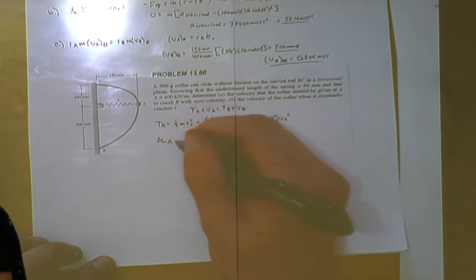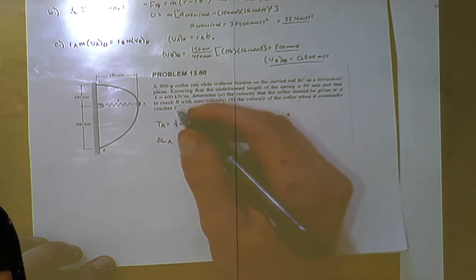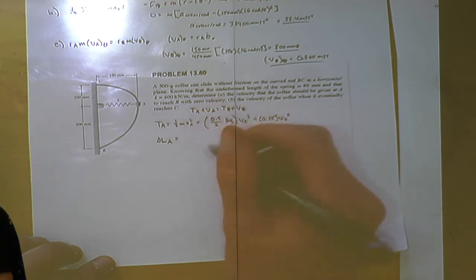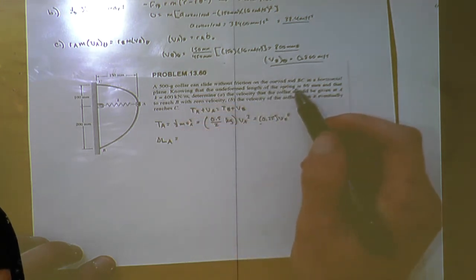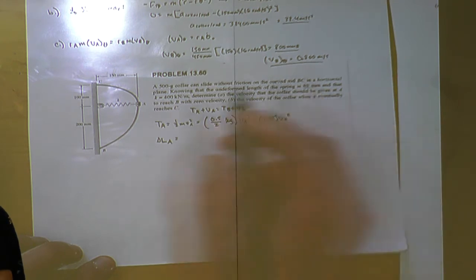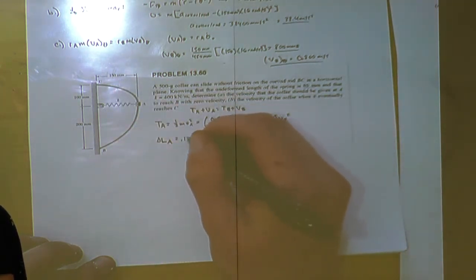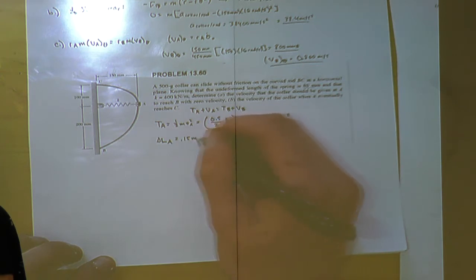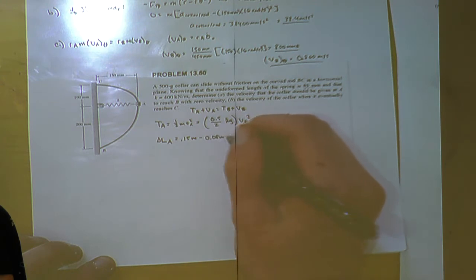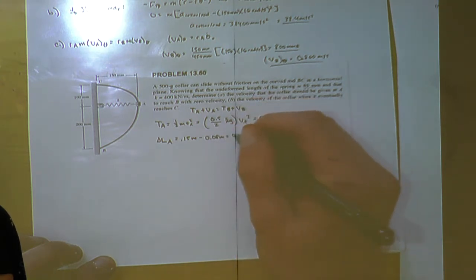Changing the length at A: the undeformed length is 80, and here it's going to be 150. So it's 0.15 meters minus 0.08 meters, which gives us 0.07 meters.